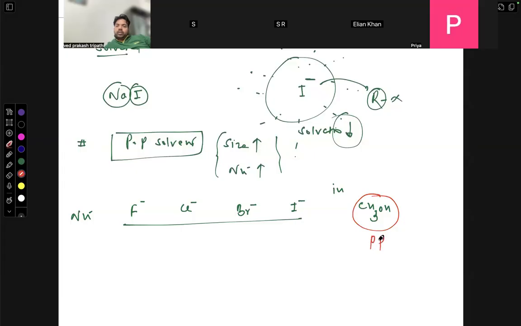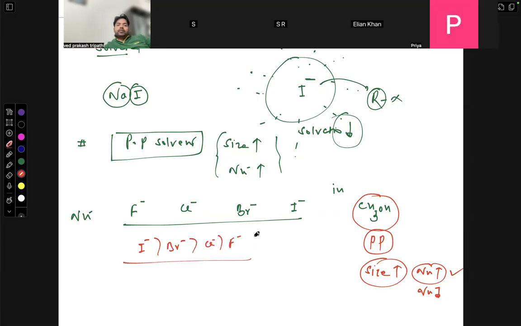Polar protic, good. So whenever you have a polar protic solvent, size increases, nucleophilicity increases or decreases? Yes, whenever you increase the size, nucleophilicity increases. So iodine, Br, Cl, F. Make sense? Any doubt? Clear?